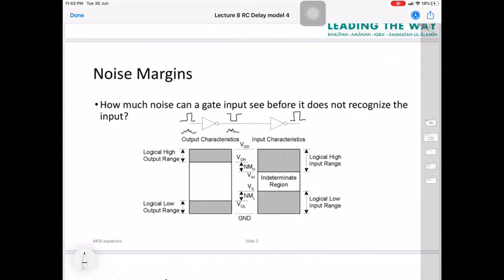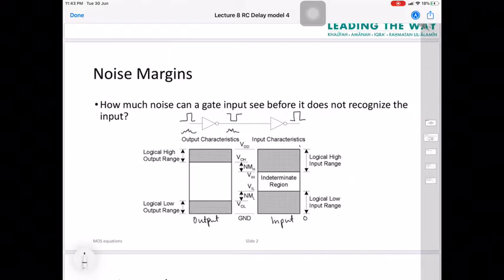If you can see here, this diagram is the output voltage range. Here, this is the output, and this is the input. The y-axis is the voltage level. If you look on the right at the input range, this is all the input that it can accept.